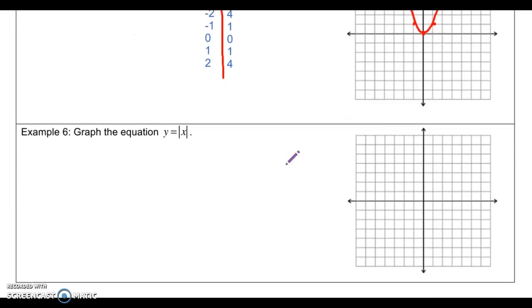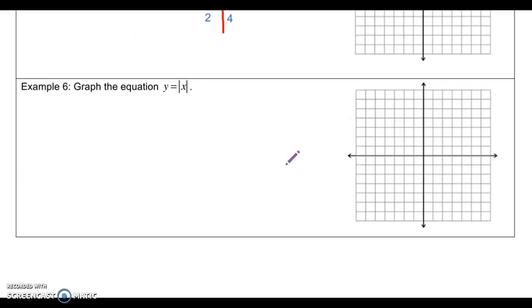All right, and then our last example here, y equals the absolute value of x, and we'll do another xy table. Okay, if our x values are negative 2, negative 1, 0, 1, and 2, the absolute value of negative 2 is 2, absolute value of negative 1 is 1, absolute value of 0 is 0, absolute value of 1 is 1, and absolute value of 2 is 2.